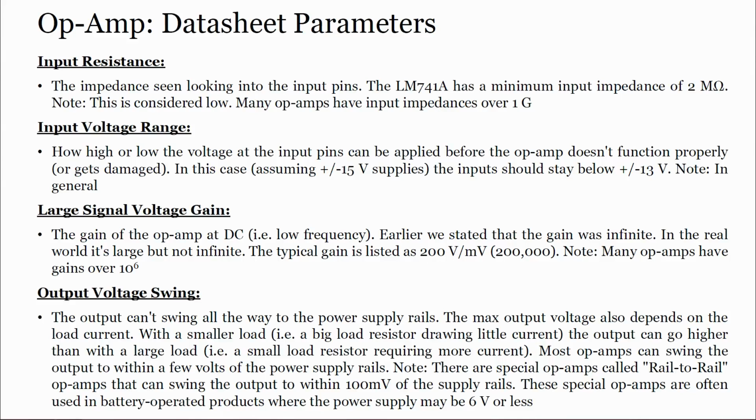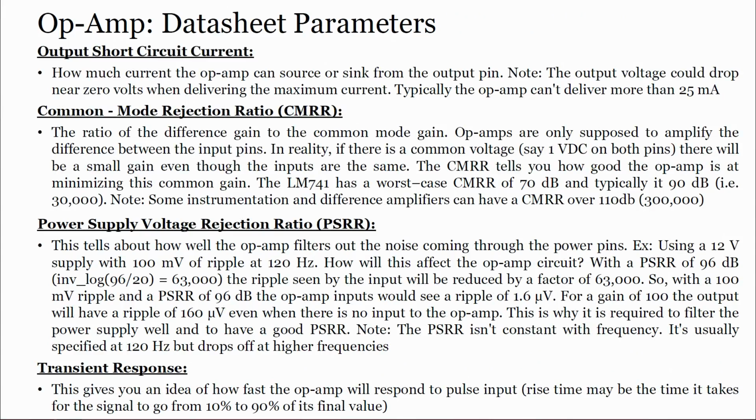So, if it is plus minus 15 volts, it can go to 14.9 volts. These special op amps are used in battery products, where the power supply may be 6 volts or less. So, we have to see how much voltage we are applying.